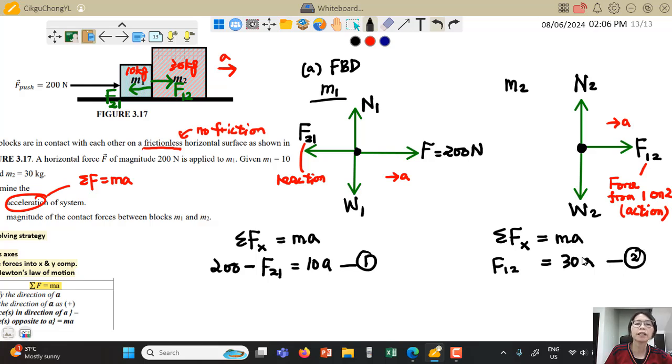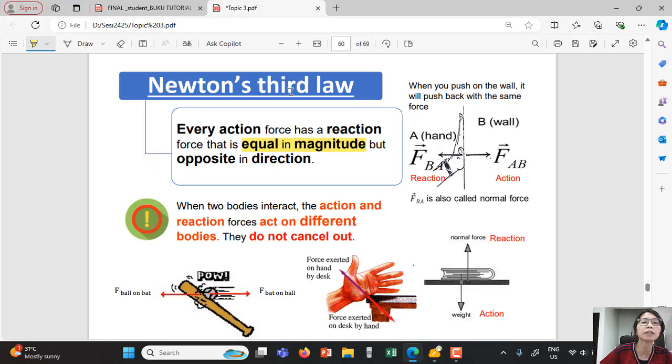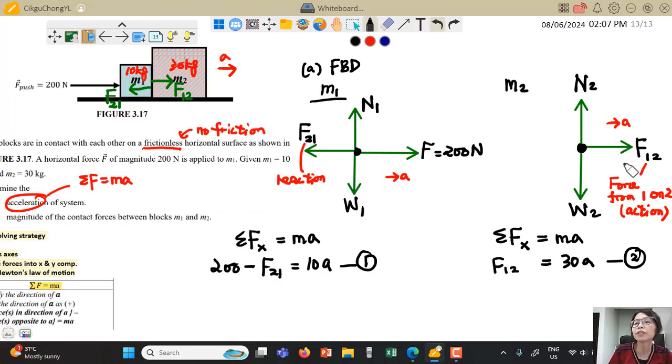Then class, recall the concept we learned in Newton's third law. Every action force and reaction force are equal in magnitude, only opposite in direction. So the action force F12 and reaction force F21 have the same value.